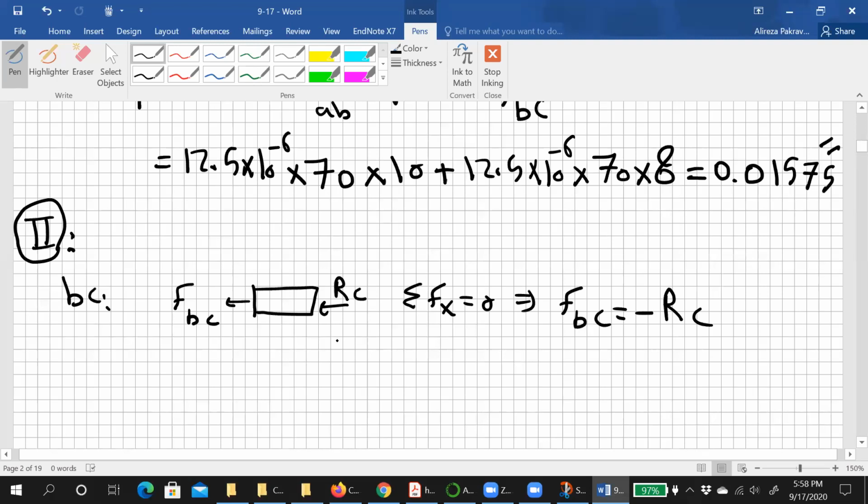And okay, delta would be FL over AE for BC, right? So just help me to write. F is negative RC, right? What is L? 8 inches. 8 inches, right? What is A?